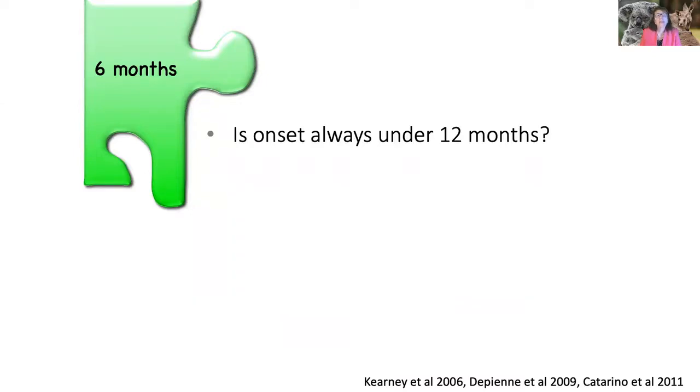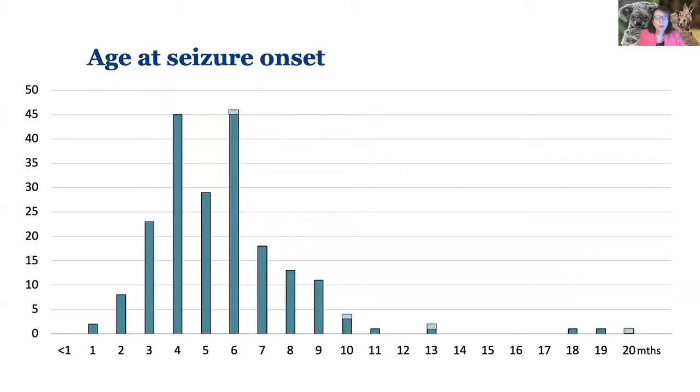Now, I haven't said to you that the onset is under 12 months, but some of the very senior groups in the Dravet world have published that seizure onset in Dravet syndrome is always under 12 months of age, and I wanted to call that into question. So here you see the ages of seizure onset in our cohort of 205 individuals.